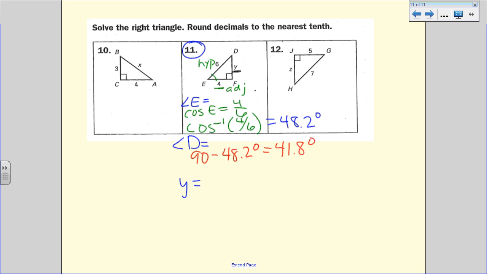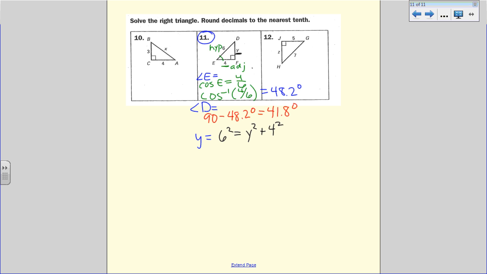Do the A squared plus B squared equals C squared? Is that what you're saying? Yeah. So I'm going to do 6 squared is equal to A squared plus 4 squared. You can put Y in here, guys, so that you know you're solving for Y. So 36 is equal to Y squared plus 16. Subtract the 16, so you get 20 is equal to Y squared. Take the square root, and Y is equal to about 4.5.